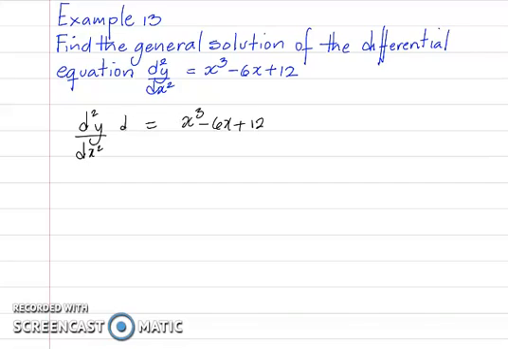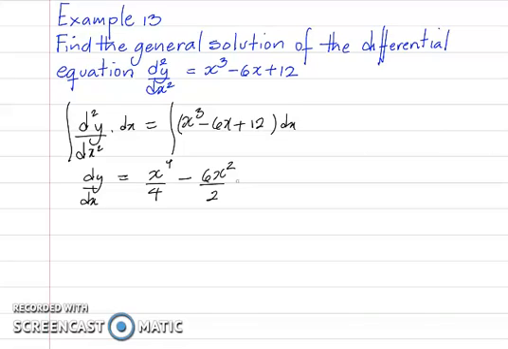And what I'm going to do is integrate both sides with respect to x. If I integrate d2y by dx squared with respect to x, I'm going to get dy by dx, and this is equal to x to the fourth power divided by 4 minus 6x squared divided by 2 plus 12x plus a, which is the constant of integration.